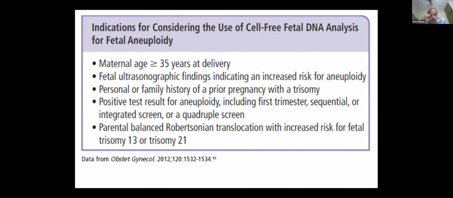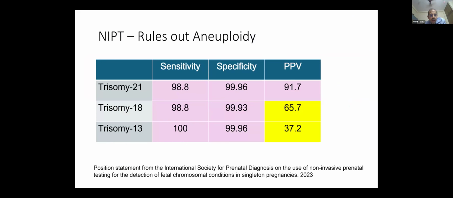So NIPT routinely should be done if the maternal age is more than 35 at delivery, or the fetal ultrasound is showing increased risk of aneuploidy, or the previous pregnancy had a trisomy or aneuploidy, or the blood reports are showing high risk of aneuploidy. Then this non-invasive test we can do. Mostly the sensitivity and specificity are good, 98-99% for trisomies 21, 18 and 13.